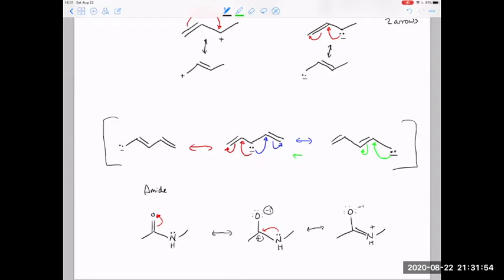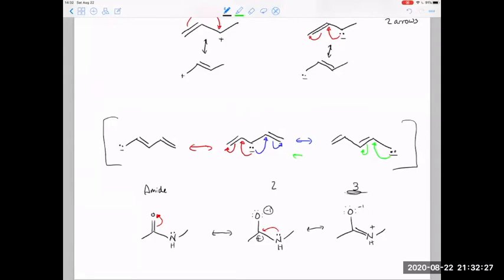Let's try to rank these real quick in terms of stability. Which one's going to be the most stable resonance contributor? The original. Yeah, right. So always the one where there's no formal charges. That's always going to be the most stable. Out of these two, let's call them 2 and 3, which one do you think is the more stable one? Three. Yeah, absolutely. Why is that?